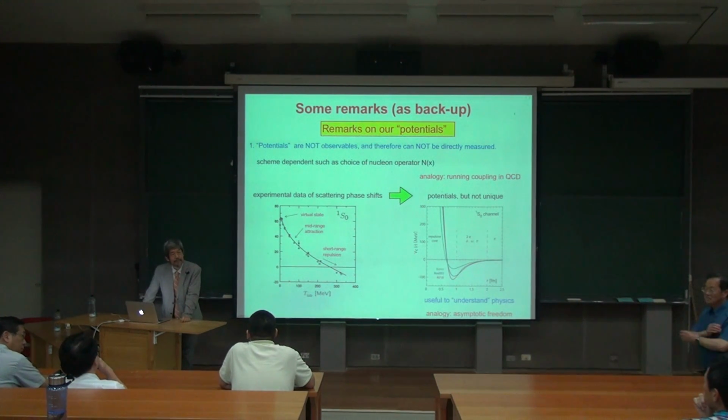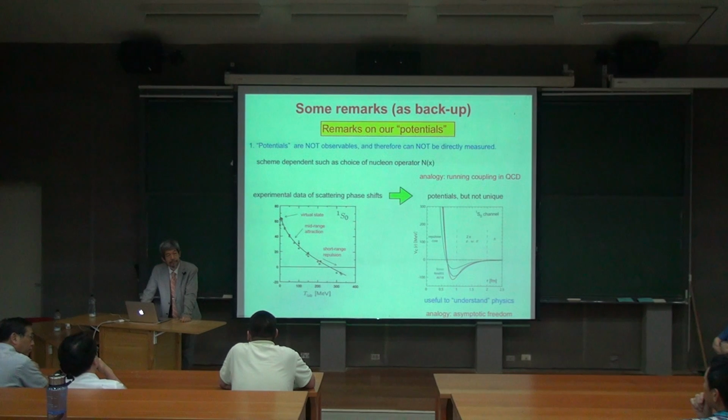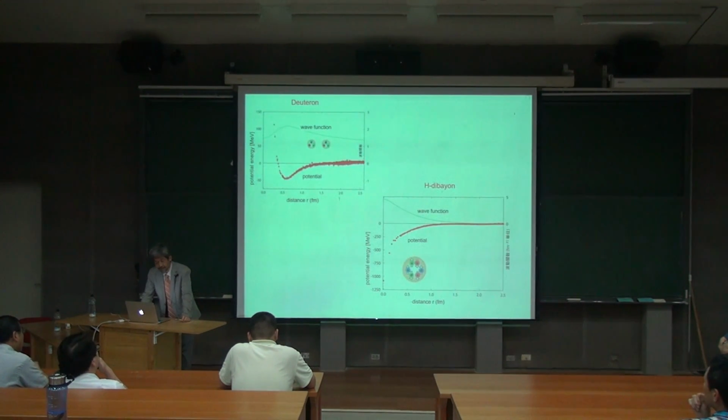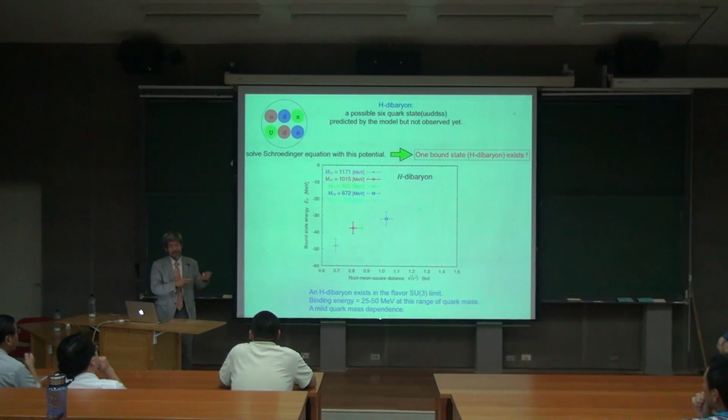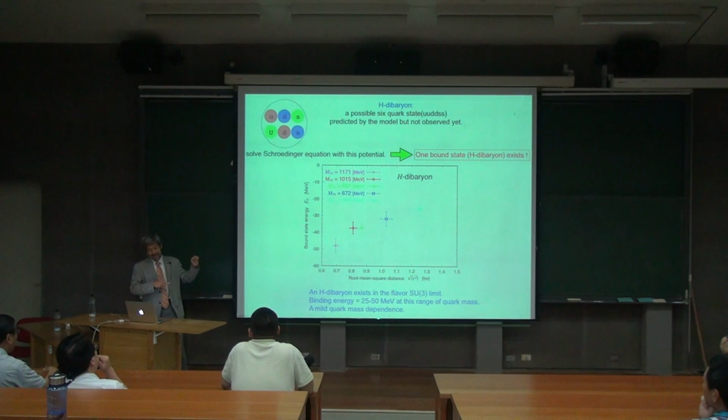You say that the lambda particles don't have the repulsive core. Then I wonder what will happen when they come together. Yeah, so that is the H dibaryon in principle. If the lambda attraction is strong, they could form a bound state, the H dibaryon. But of course, our calculation is an ideal situation.